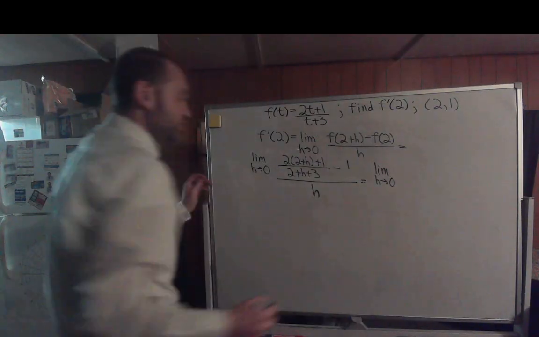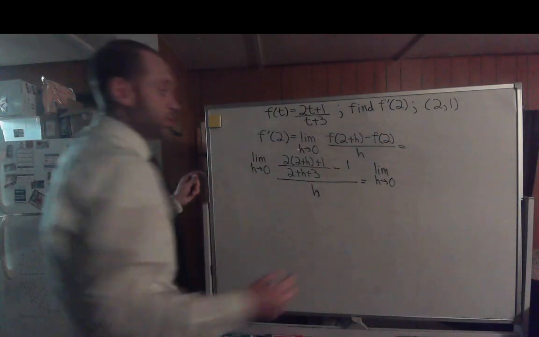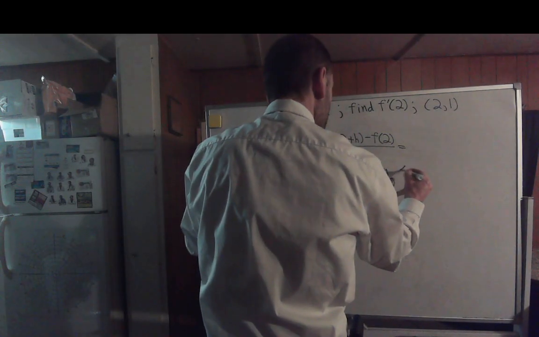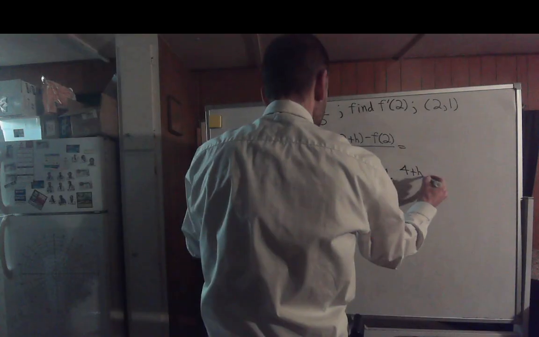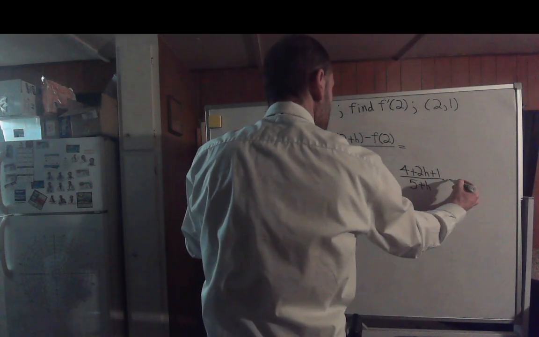If we simplify a bit, we'll end up getting the limit as h approaches 0. If we simplify the numerator of the numerator, this would end up being 4 plus 2h plus 1 all over 5 plus h, then minus 1, all over h.